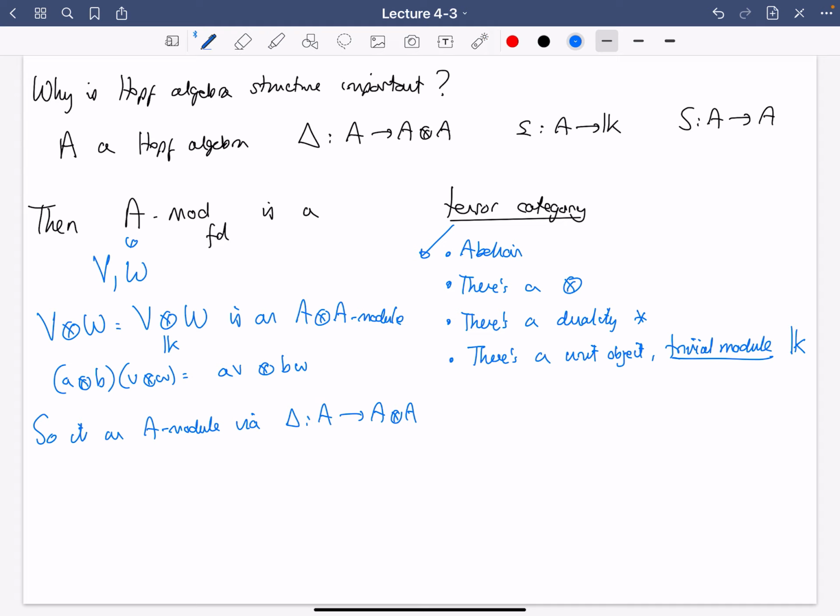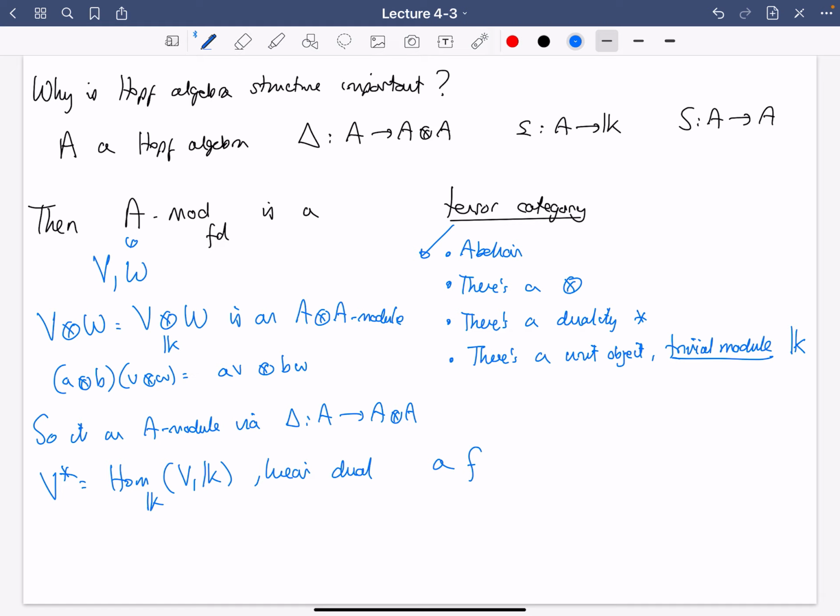The duality sends a vector space V to V star, which is just the linear dual. So you need to be able to define an action to make that into a left module to get this duality.